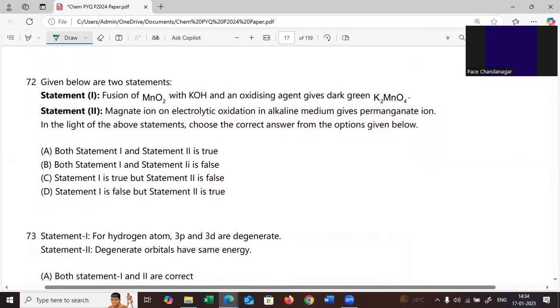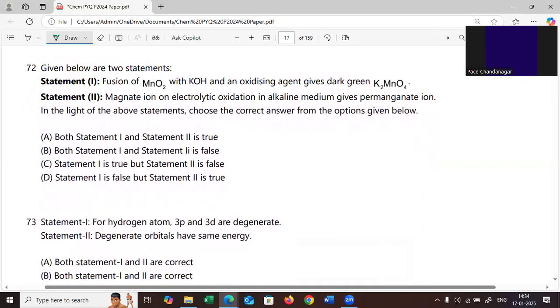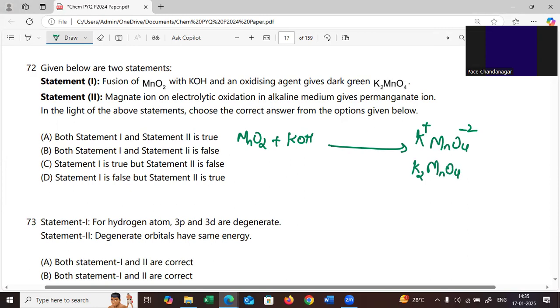Next, question number 72, we are moving on. MnO2 plus KOH plus oxidizing agent. Okay, MnO2 with KOH will give you what? MnO2 turns to MnO4 2-, and with K+, this turns out to be K2MnO4, right?